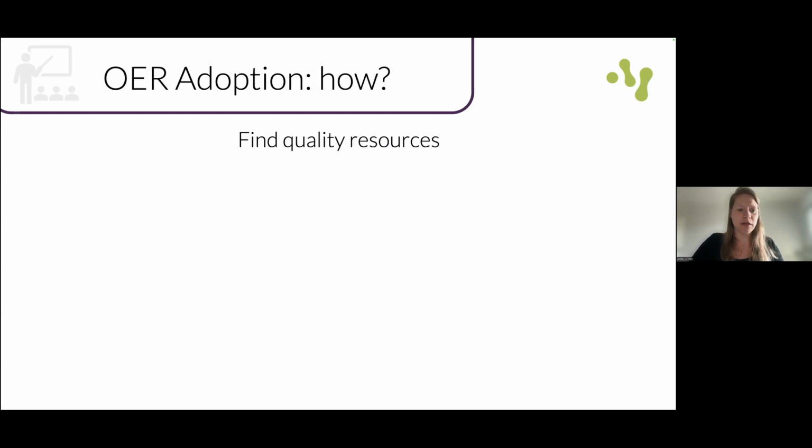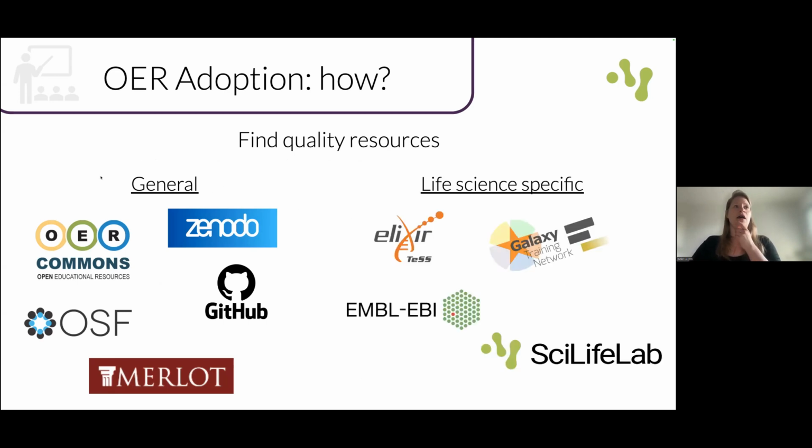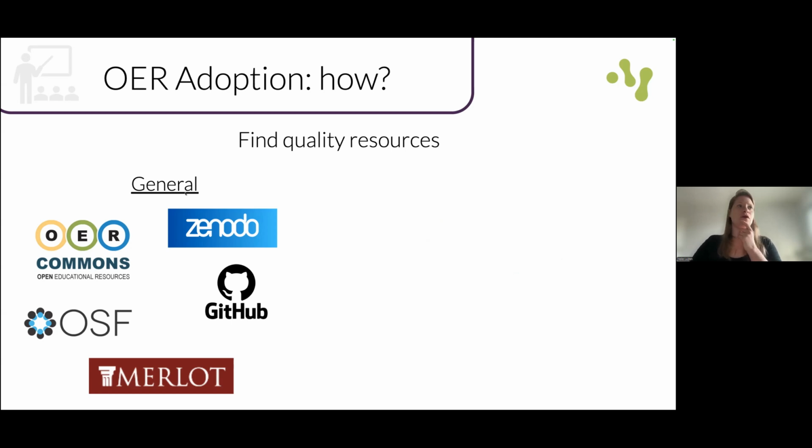So how to find quality resources to use and reuse? There are several repositories for this. So these are some general options that you have. Sorry, I went too far. So this is the OER Commons, Open Educational Resources.